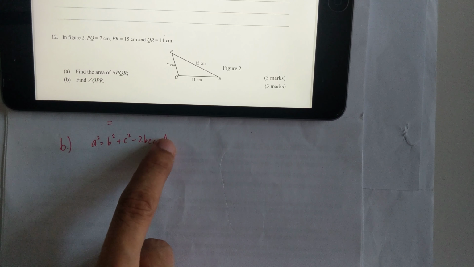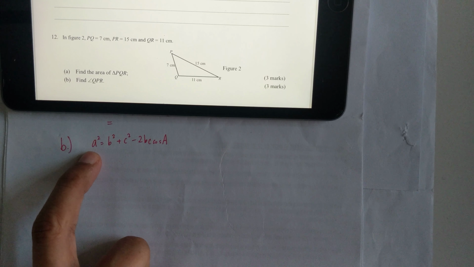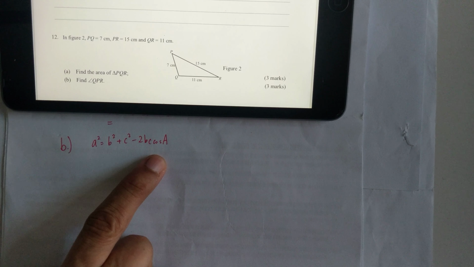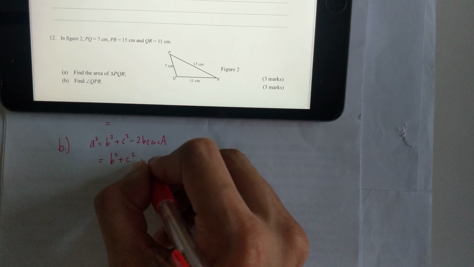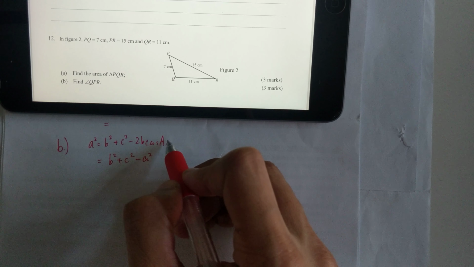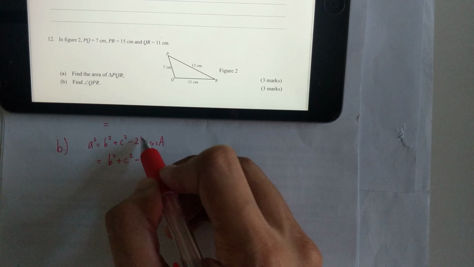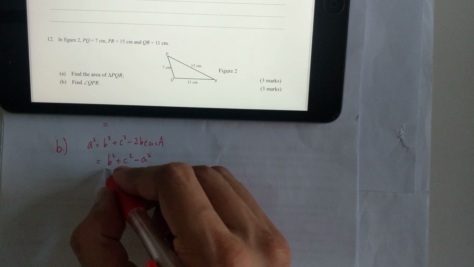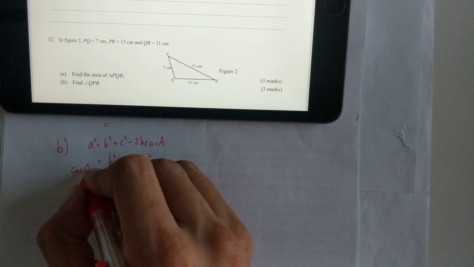The whole thing will be added to the left hand side, and the a squared will be subtracted from the right hand side. So we should have b squared plus c squared minus a squared. Then we can divide by 2bc, which gives cosine A.